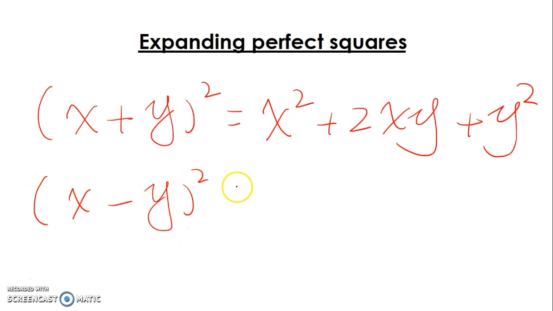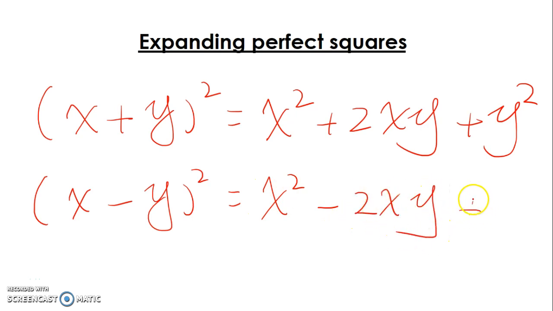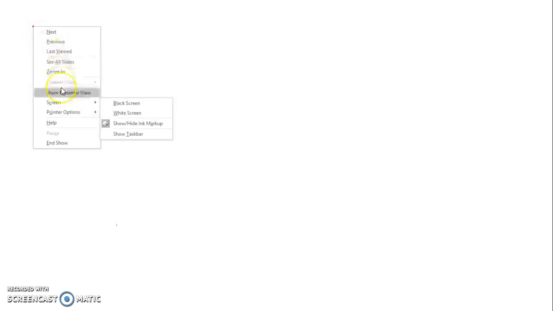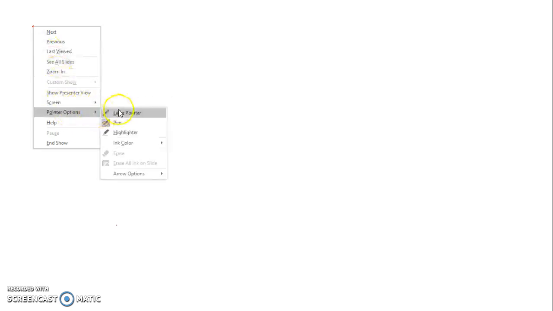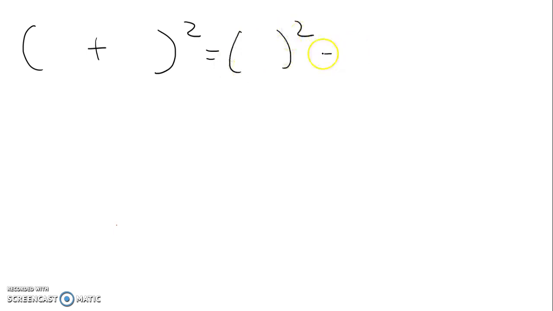(x minus y) squared equals x squared minus 2xy plus y squared. Well, that's the only way that I can change color. So we have a bracket with an addition in the bracket, a square, a square, and 2, plus a square.